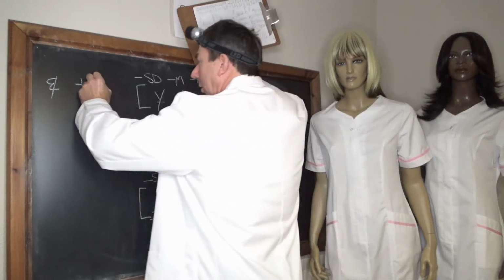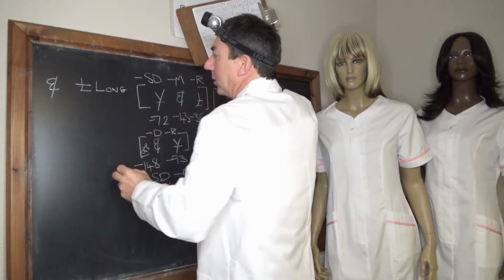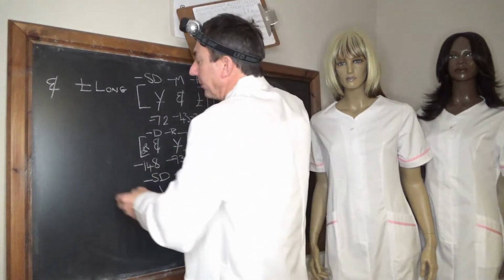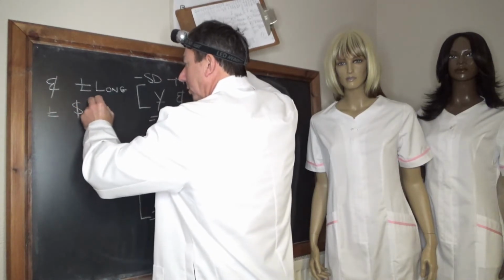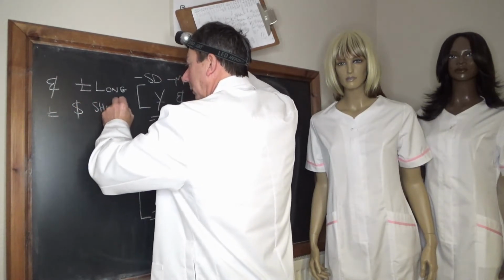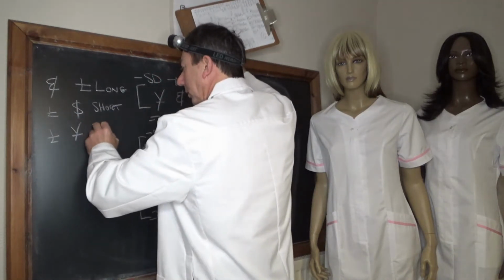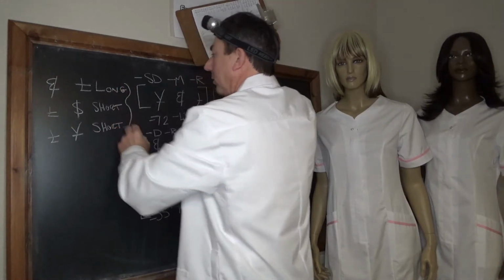Now we're long the euro pound because we're trying to sell the pound. The pound dollar we're short, and the pound yen we're short. So those are our current positions.